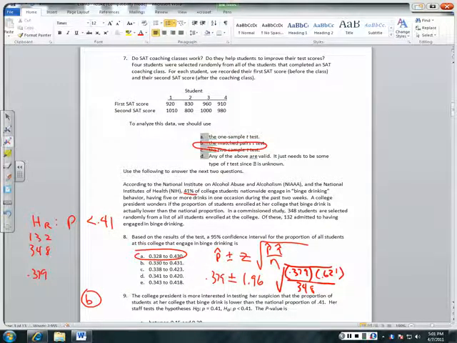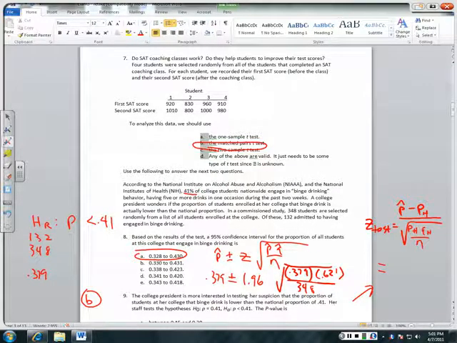And yeah, we could actually do the p-value by hand too. I'm going to show you how to get that started and then let you finish it if you'd like. So remember, your test statistic is equal to the statistic minus the hypothesized parameter over the standard error, the square root of p0 q0 over n.